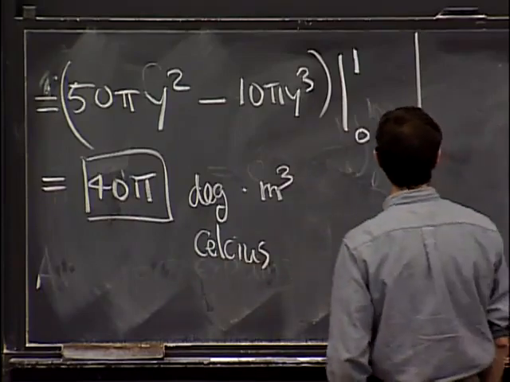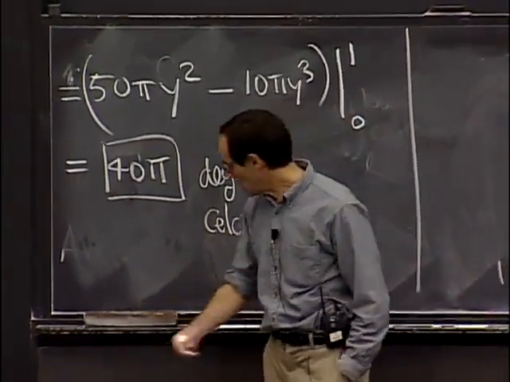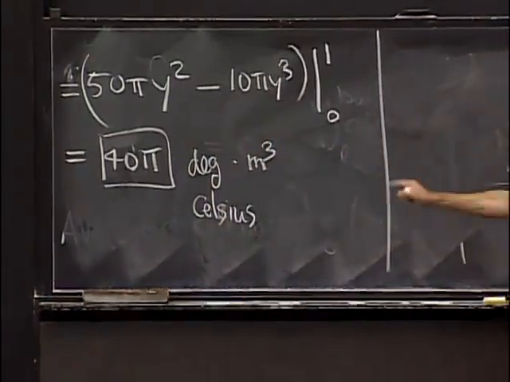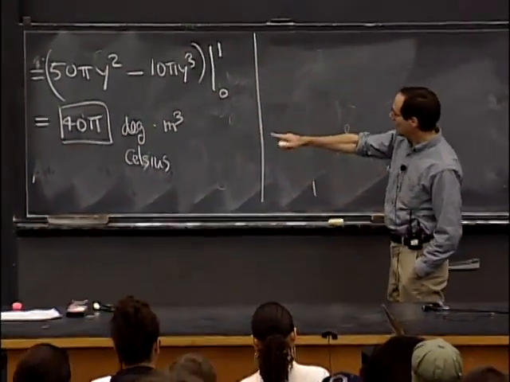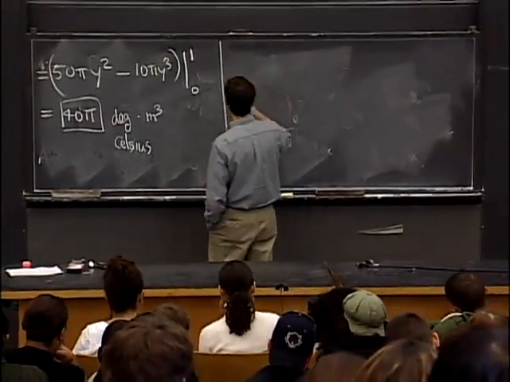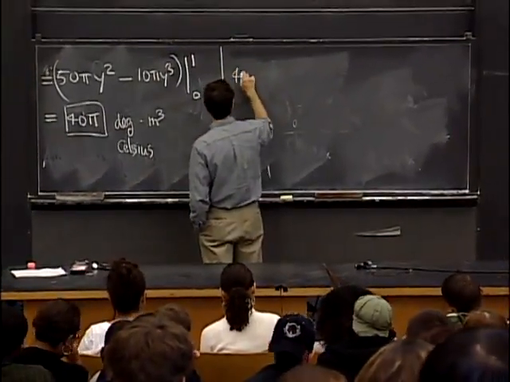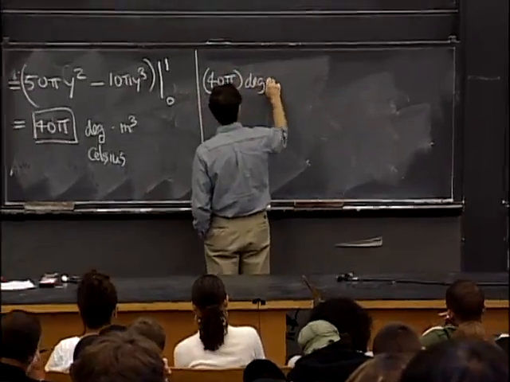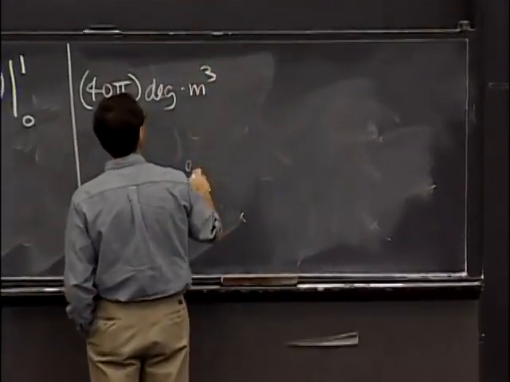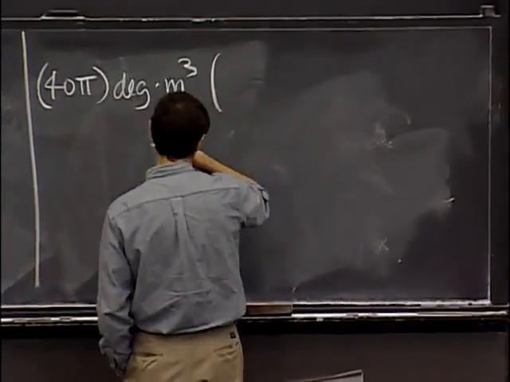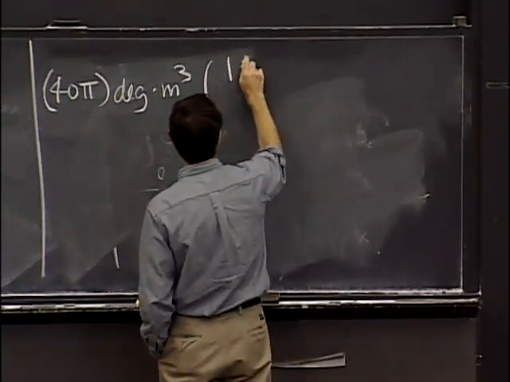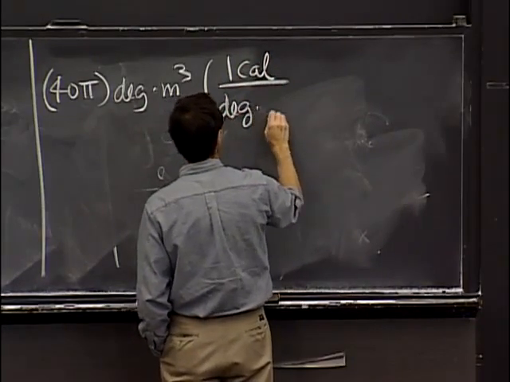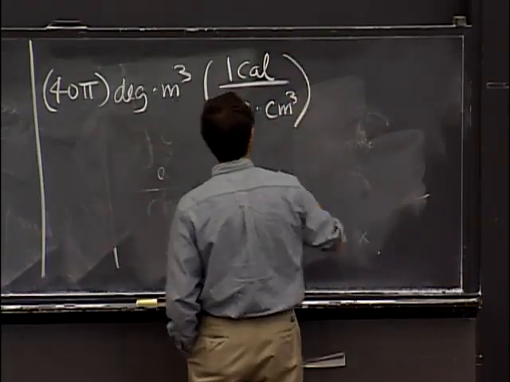And now I can translate this. Celsius is spelled with a C. There, that's interesting. I can translate this into units that you're more familiar with. So let's try 40 pi degrees times meters cubed, and then do the conversion factors. First of all, there's 1 calorie per degree times a milliliter.